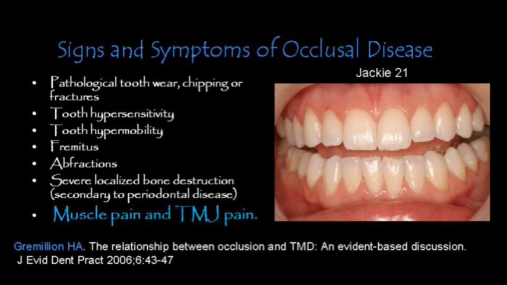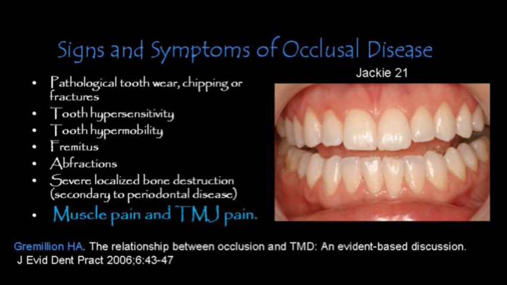Most of the time, fortunately, it's muscle pain that can be easily treated with a proper occlusal equilibration, occlusal therapy of the different types. And occasionally, some of the pain comes from the actual joint. And in those situations, treating pain becomes a lot more difficult.